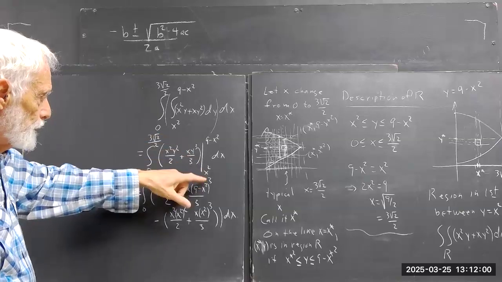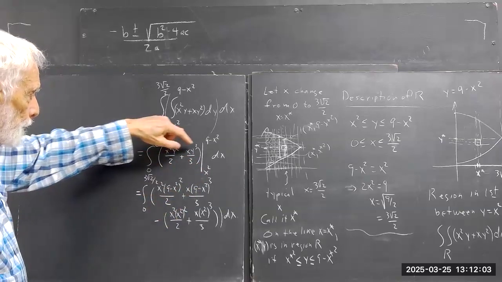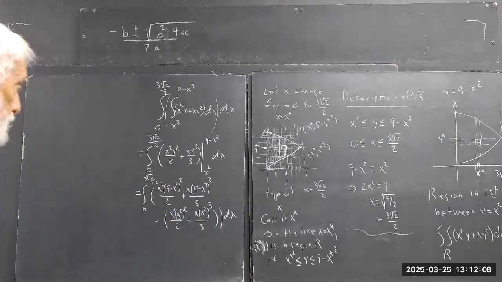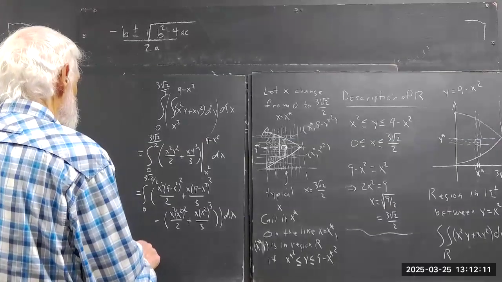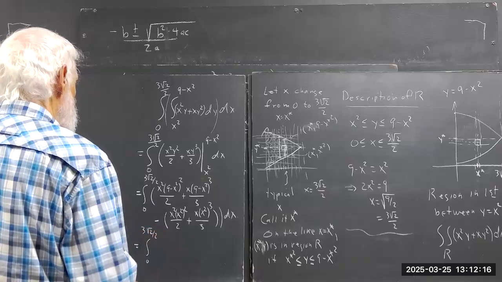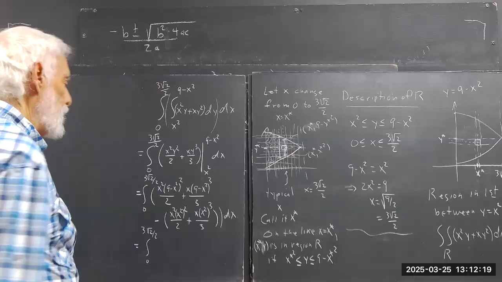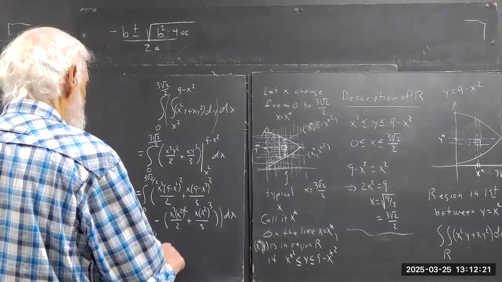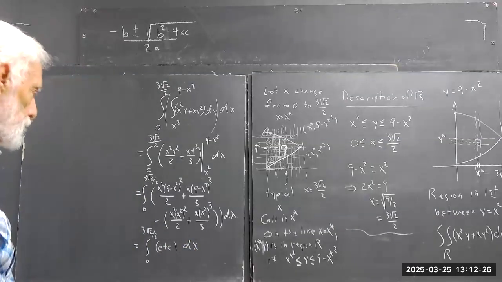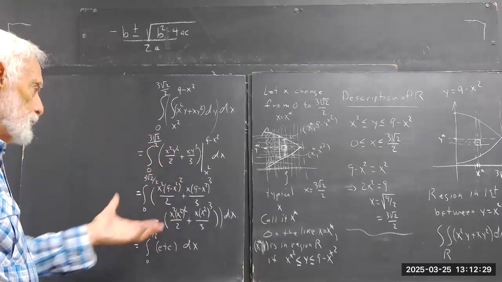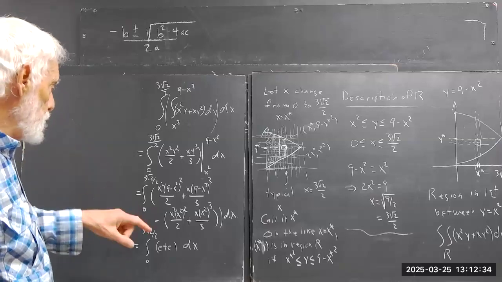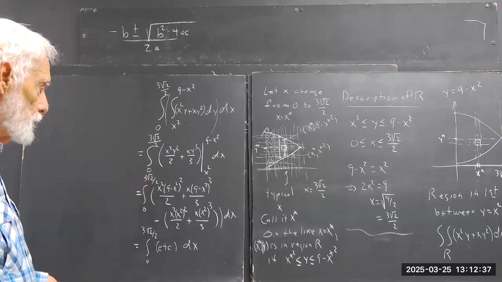That gives me my upper limit. Substitute the x squared for y, and that gives me my lower limit. Then I expand all this, and we're just going to get a polynomial in x that we can integrate from 0 to 3 square root of 2 over 2.